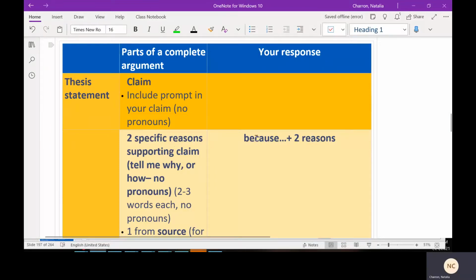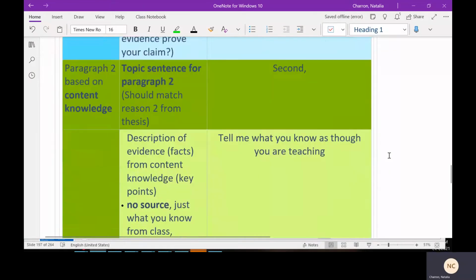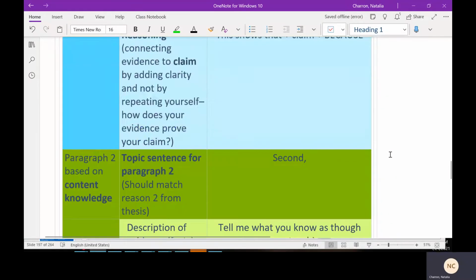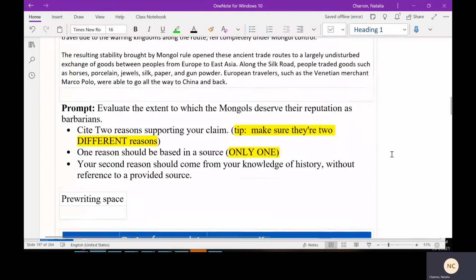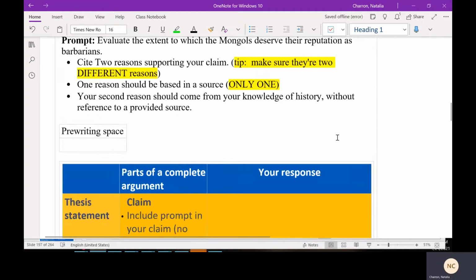That then becomes the basis of paragraph 1 based on a source, and paragraph 2 based on content knowledge. Your thesis is really the key to your whole free response. If you take a little time on the front end and think about it before you start writing and write something clear and specific there, first you get 2 points, and that's already a great start, but also you create for yourself a roadmap for the rest of your response that makes earning extra points after that pretty easy.